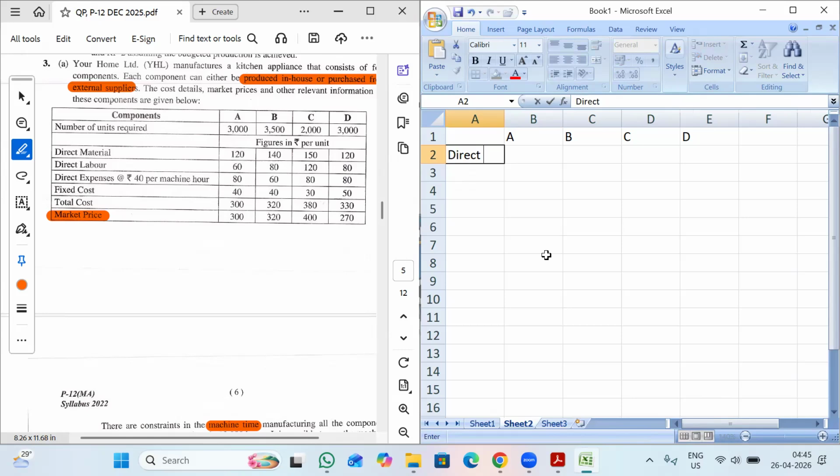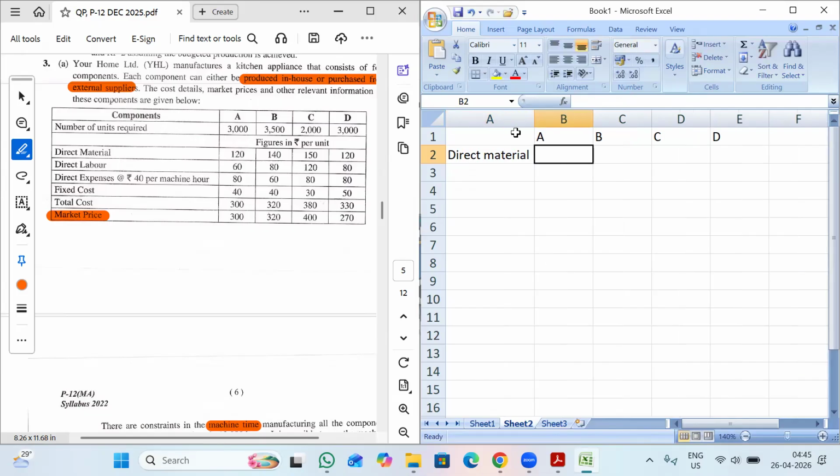I want to calculate variable cost first for calculating savings. So direct material is 120, 140, 150 and 120. It is given in the question.